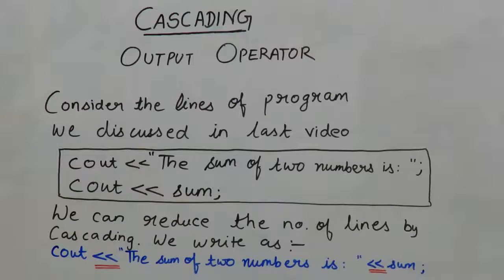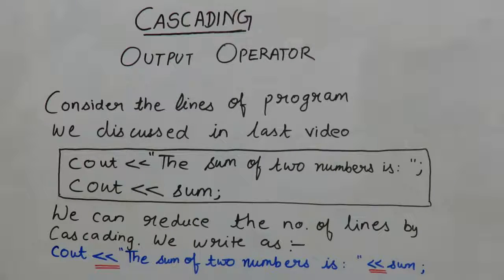We can reduce the number of lines by using the cascading mechanism. We write cout, the output operator, and in double quotes, "the sum of two numbers is". By means of this statement, up to here, the text will be printed as it is on our console screen.